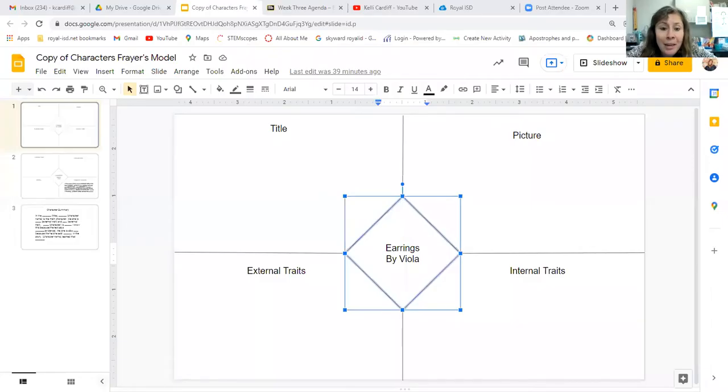Okay, so right here is my phrase model. And we would definitely be doing I do first, because the student has done foldables before, but this type they aren't used to as much. So the title we would have right here is the earrings, by Judith Viorst.